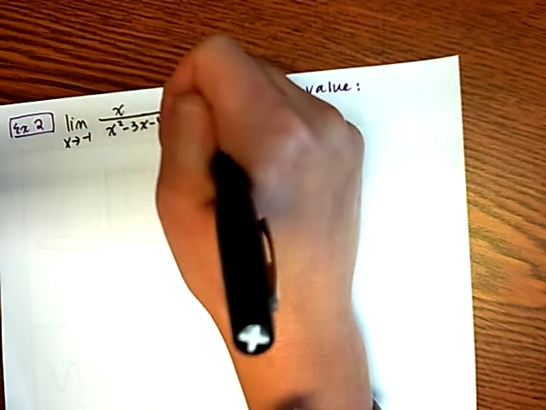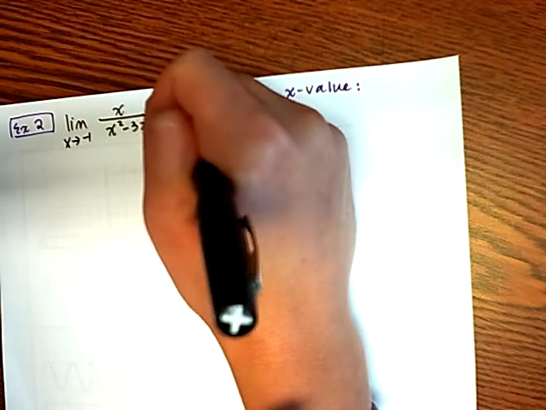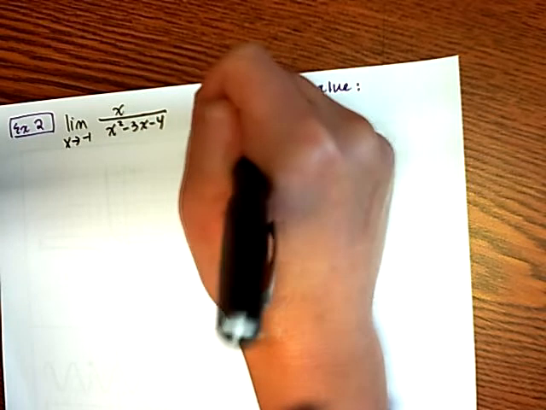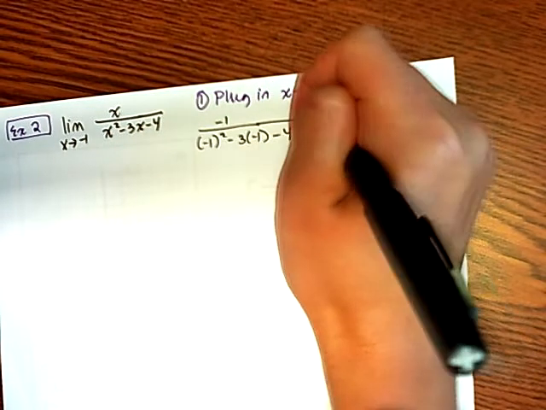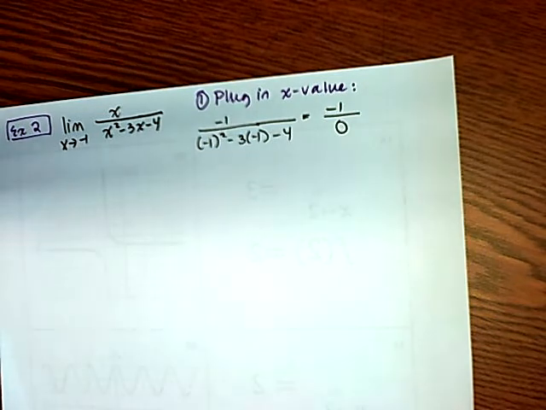When I plug in -1, I get -1 over -1 squared minus 3 times -1 minus 4. Well, that's positive 4 minus 4, so I end up with -1 over 0. So we get undefined but not indeterminate.